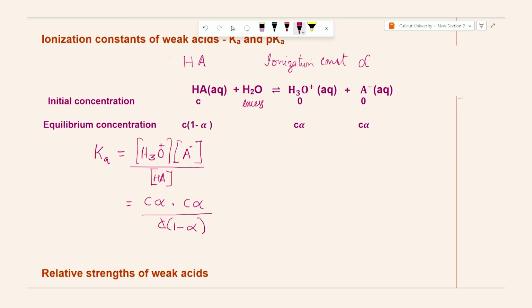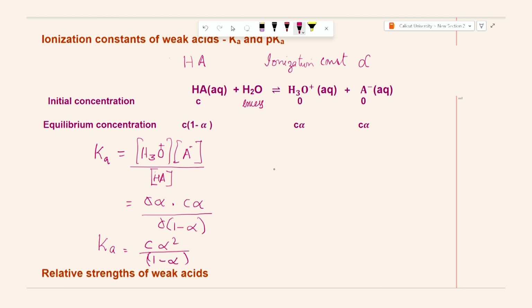Now, cancelling the terms, the expression takes the form Ka is equal to C alpha square whole divided by 1 minus alpha. This is the accurate value for the dissociation constant of an acid.